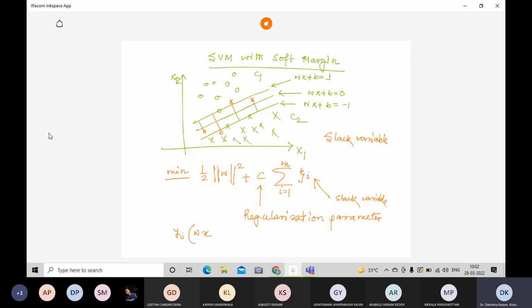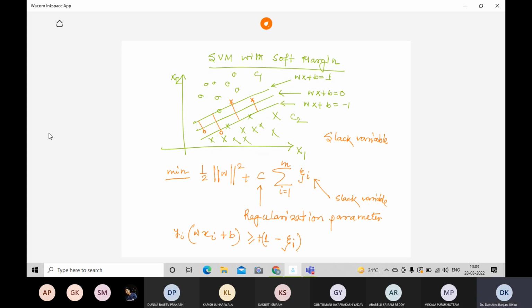So we can write yi into (w xi plus b) greater than or equal to 1 minus chi i.